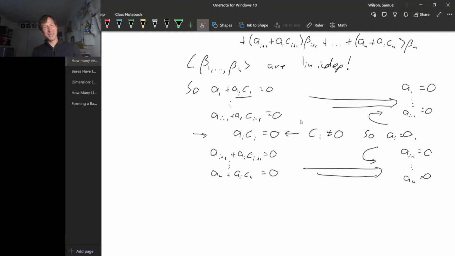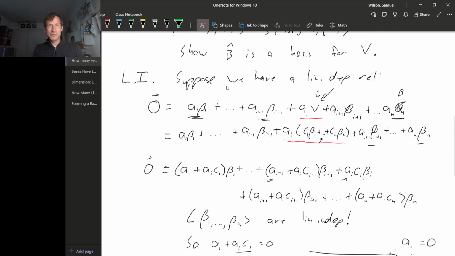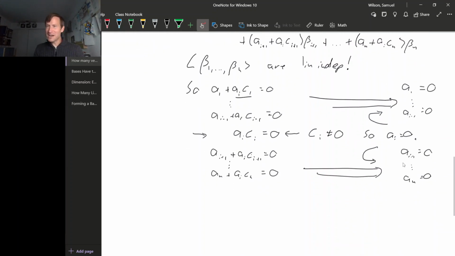So look, what we started with was a linear dependence relationship where the a's were the coefficients. And what we just figured out is that all of the coefficients in our linear dependence relationship are 0. In other words, our linear dependence relationship is the trivial one. So the only linear dependence relationship is the trivial one.